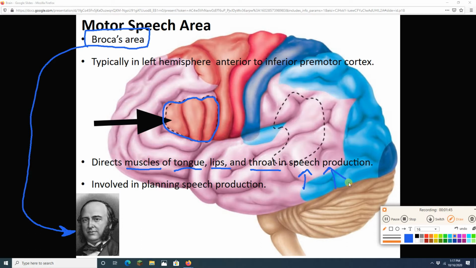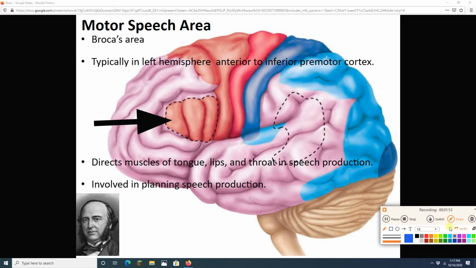And this area is actually super interesting because we find it on the left side of the brain. So it's in the left hemisphere. For most people, the dominant hemisphere is the left hemisphere.